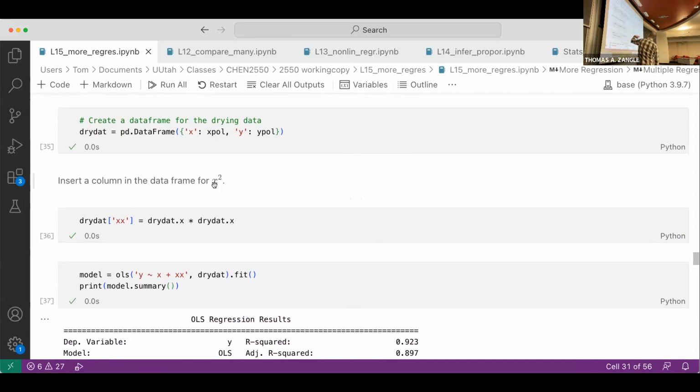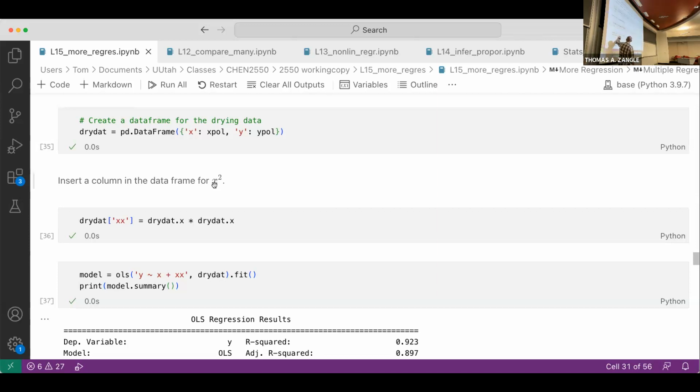So in this case, we have a second order model. In addition to having a column in the data frame that corresponds to x, we need a column corresponding to x squared. Here we're just naming it xx and putting into that column data.x times data.x, so we have that data squared.